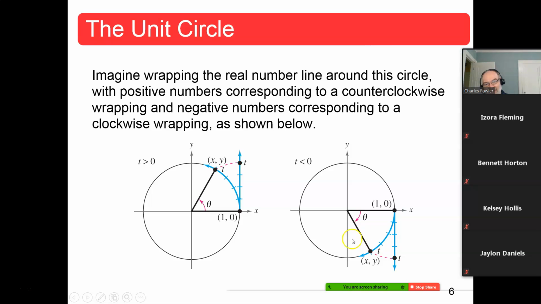Why? The angle is going clockwise. Up here it is positive, because you're wrapping the positive y-axis around and you're getting positive numbers. Okay, that's what the unit circle is. That's how it's related to the angle in radians: the length of that real number line wrapped around the circumference of the circle.